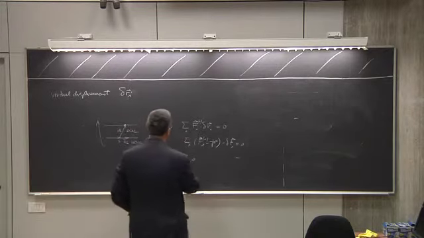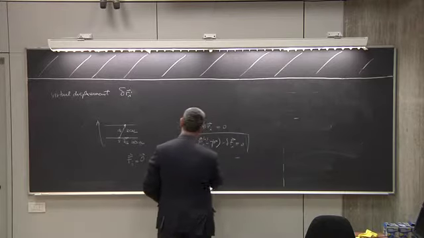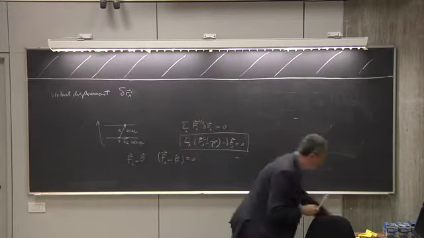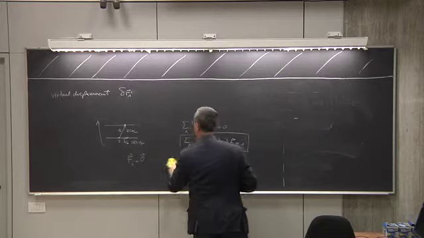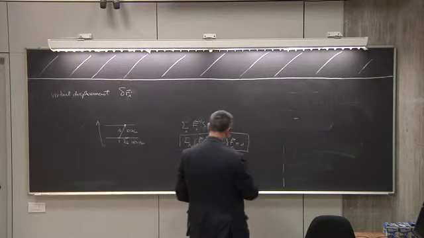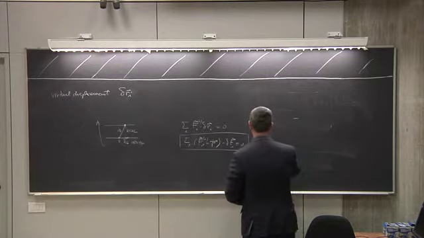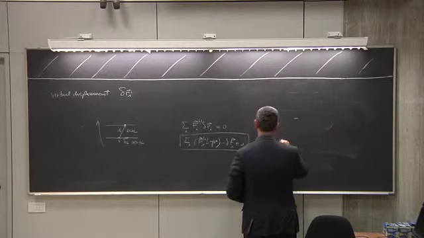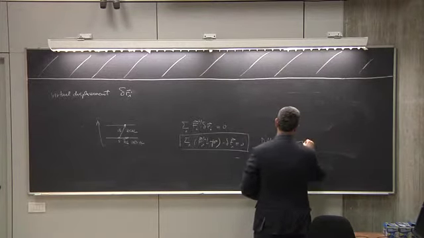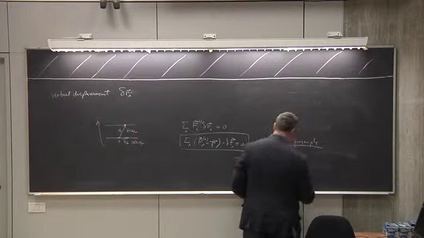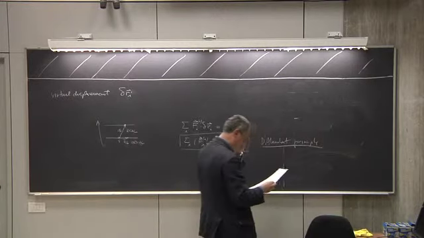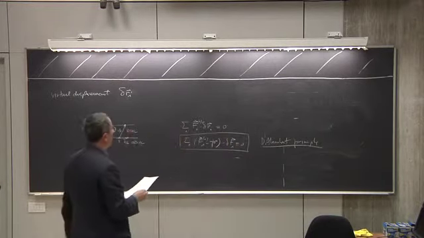And this equation, the fact that this is equal to 0, is called D'Alembert principle.